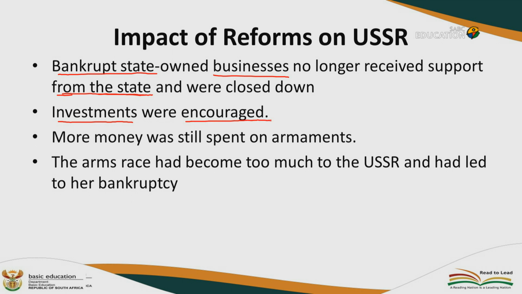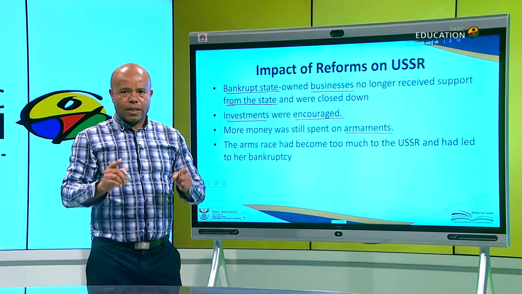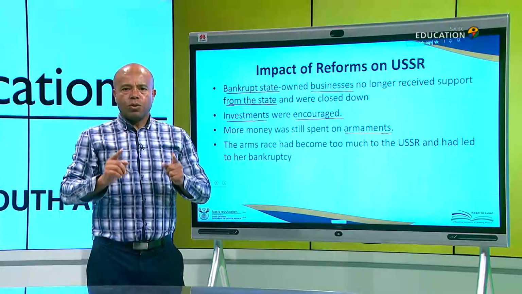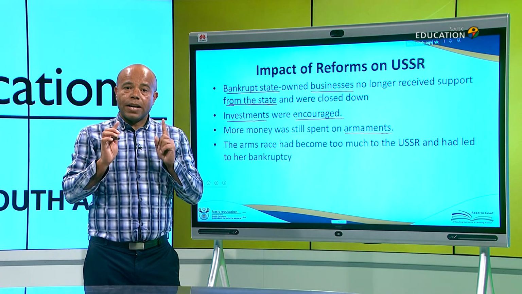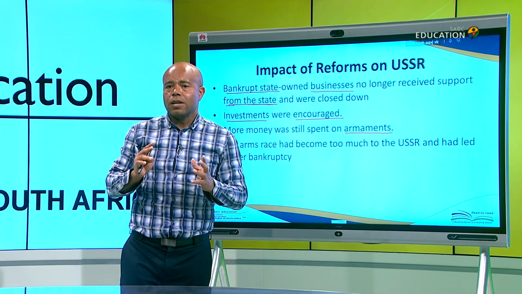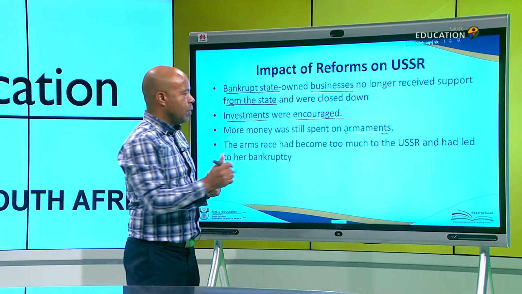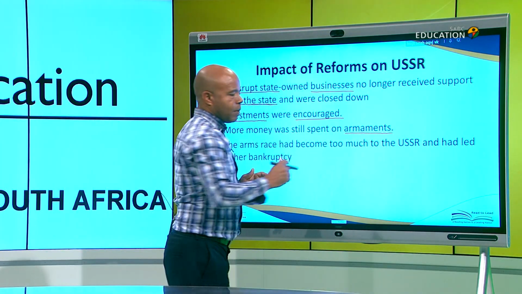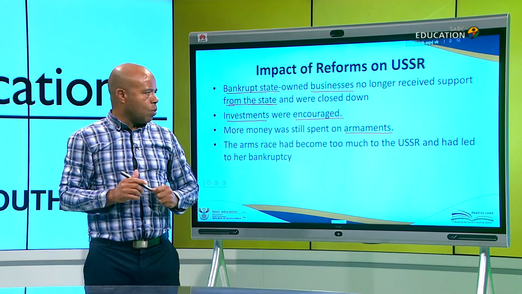More money was still spent on armaments. When we look at the word armaments, grade 12s, it refers to weapons, any type of weapons that were used when you go into warfare. Some of the learners do not understand the word armaments, so it speaks about any type of weapon going into warfare.